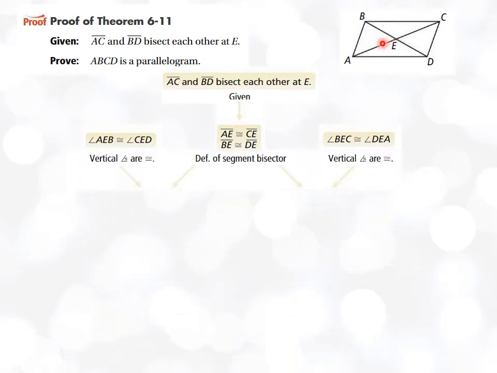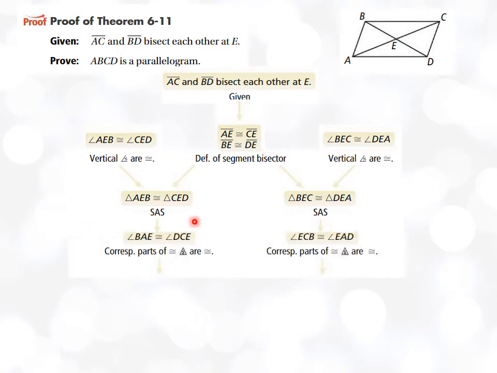We know they are vertical angles, and this is the definition of segment bisector. That's the reason. So from this data you will get triangle AEB congruent to triangle CED by SAS congruency criteria. And from this data we can conclude triangle BEC congruent to triangle DEA by SAS congruency criteria.